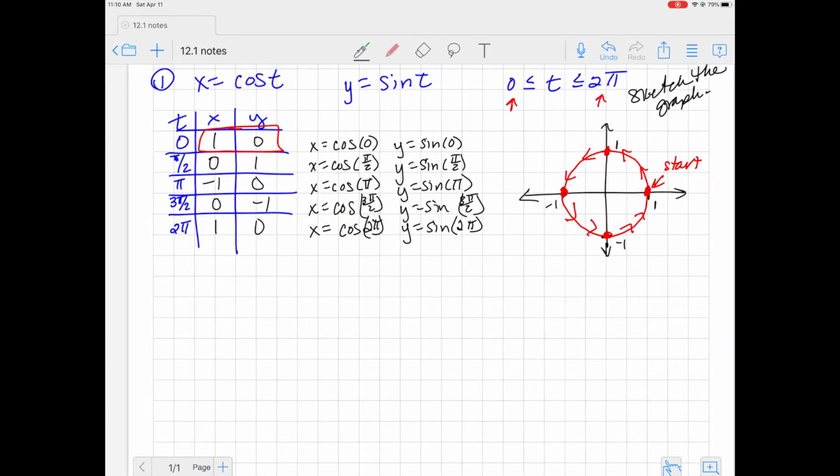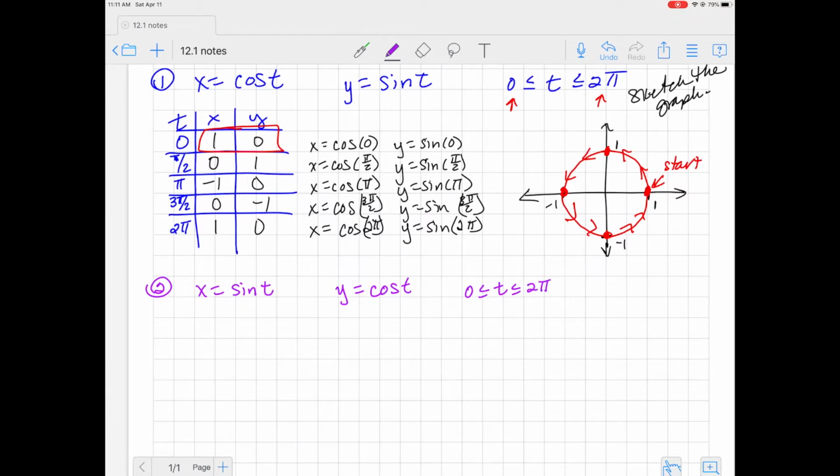Let's do another one. What if I change this up a little bit? And I say x is sine of t and y is cosine of t. Still going to go between 0 and 2 pi.